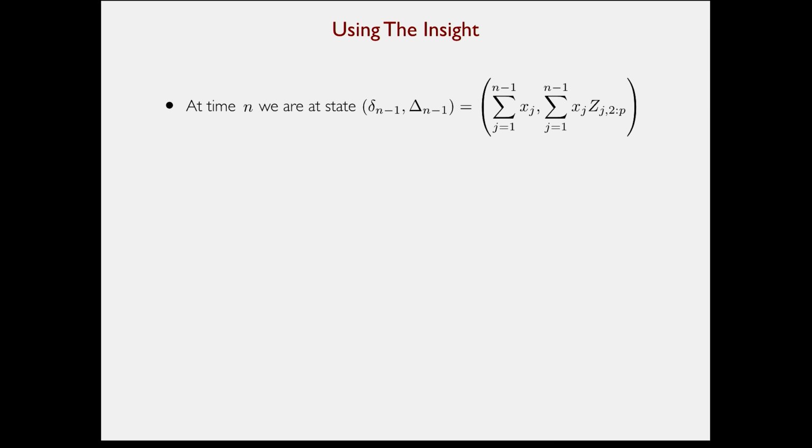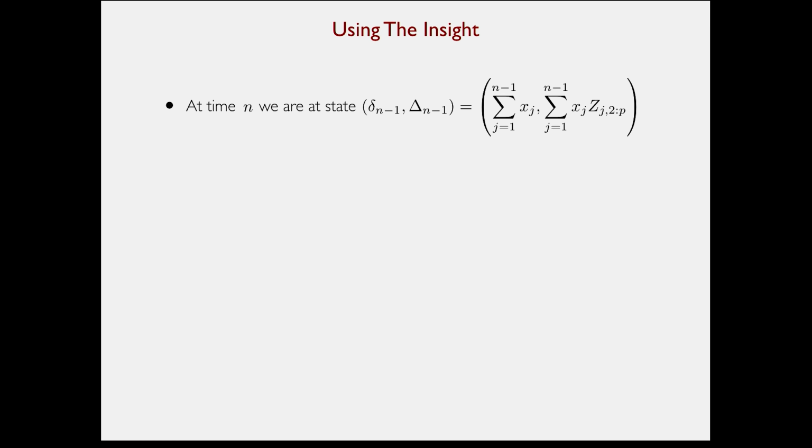So how are we using that? Let's play this movie forward and look at the induction argument over here. At the penultimate time step, at time n, you're at some state little delta n minus 1, capital delta n minus 1, and I've written it down in its gory detail over there.